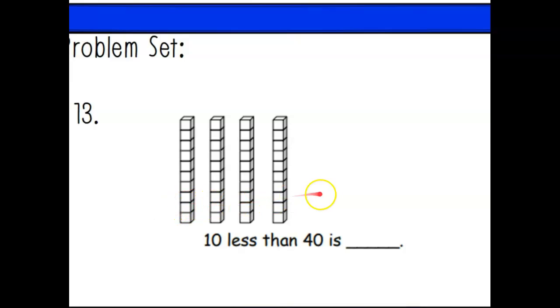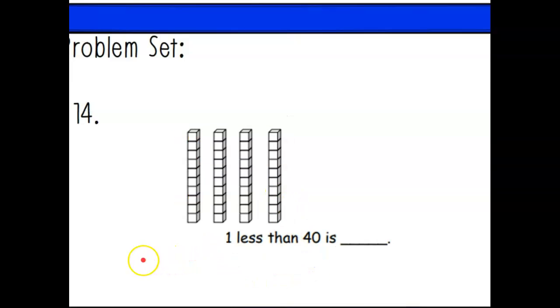All right, so we're going to do 10 less than 40. Here's 40. 10, 20, 30, 40. So we're going to use that X and take 1 away. Let's see what we have left. 10, 20, 30. Did you say 30? Great job.